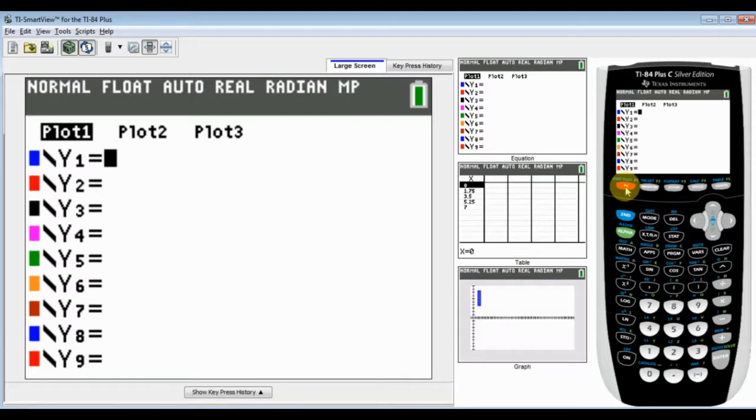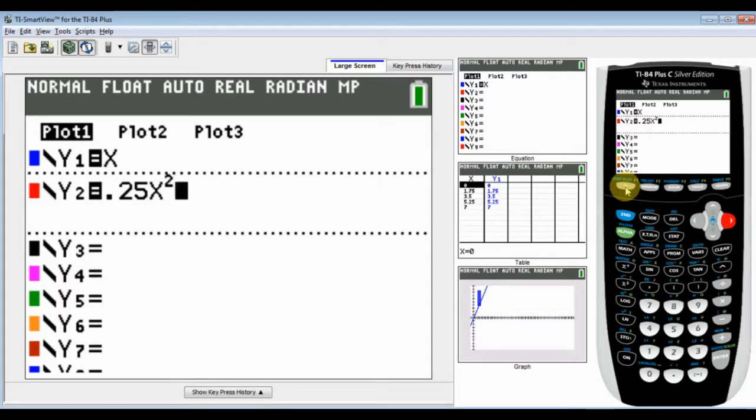So let's graph this. The first one is, of course, the y-axis, which I'm not going to bother with. Next one is the line y equals x. All right, there's y equals x. And then the other one is 1/4 x squared, 0.25 x squared. Now I'm pretty sure I only need the first quadrant.